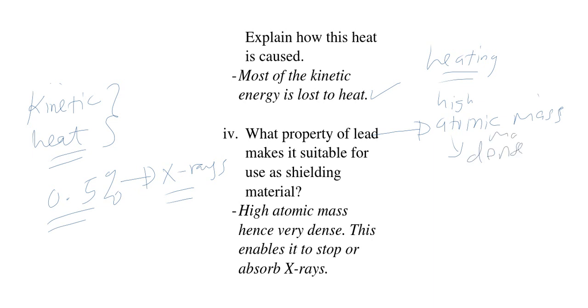And the high density is the property that makes it used as a shielding material, because the high density makes it able to absorb X-rays. So lead has high atomic mass and is very dense. This enables it to stop or absorb X-rays.